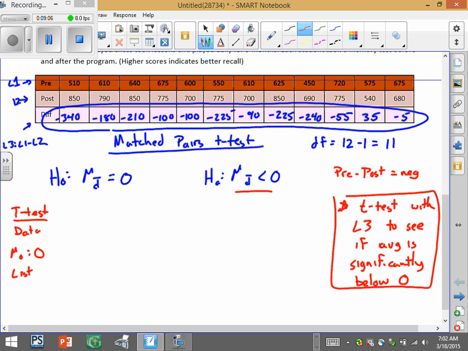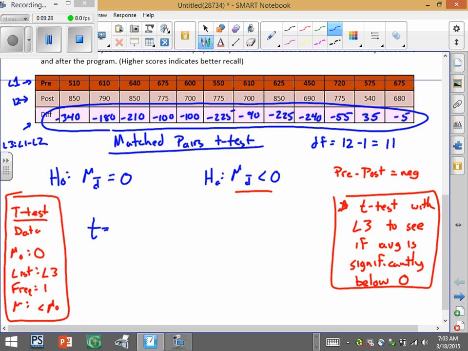The list, here's where you got to be careful. We put our data into list 3, so make sure you change that. Frequency is still 1. We don't have a frequency list here. And then we're using less than mu 0. We're using less than 0. Again, you don't have to write this stuff down, but that's just so you can see the calculator.